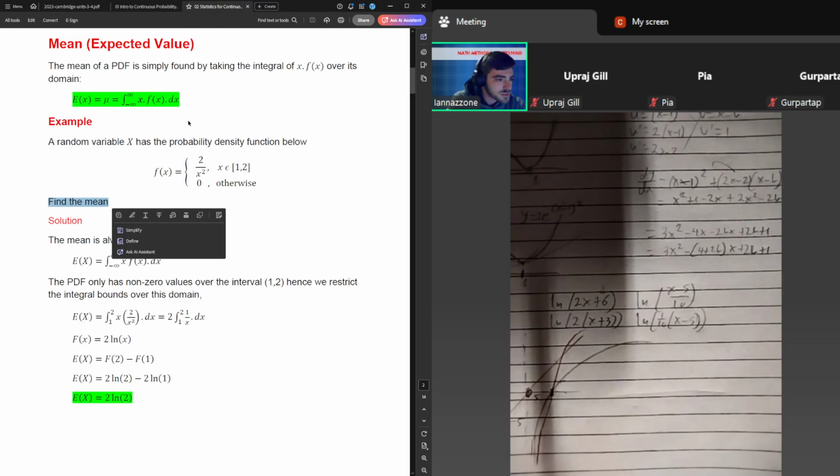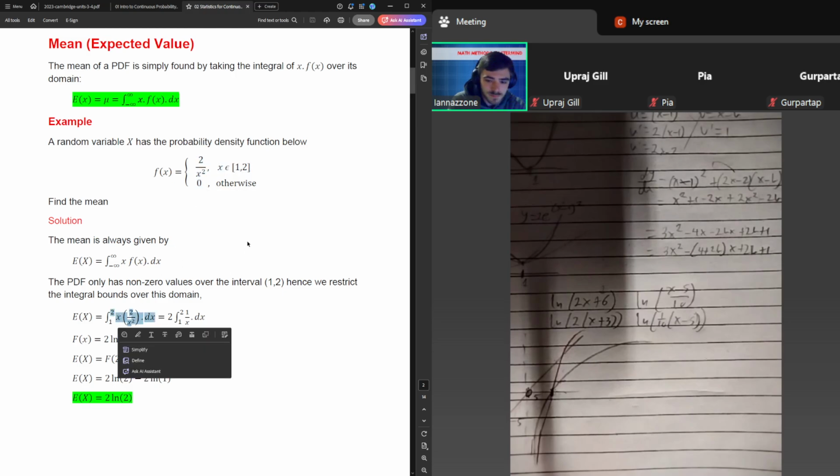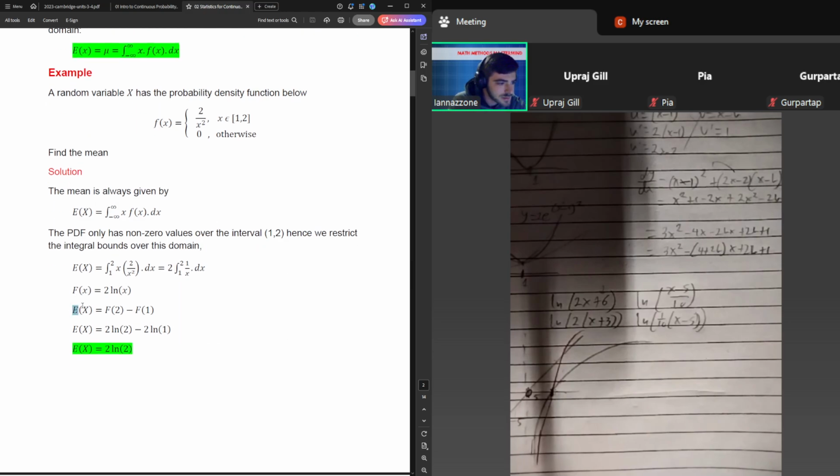So when you're after finding the mean, literally all you're doing is, over whatever domain is given, in this case from 1 to 2, you take the function that you have and you slap an x out the front of it. That's it. So instead of just doing 2 over x squared, you now do x times 2 over x squared, which of course simplifies to 1 over x with the 2 out the front.